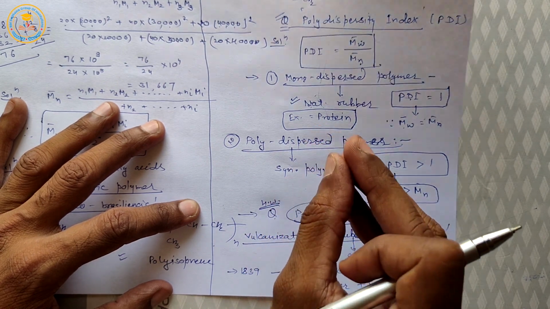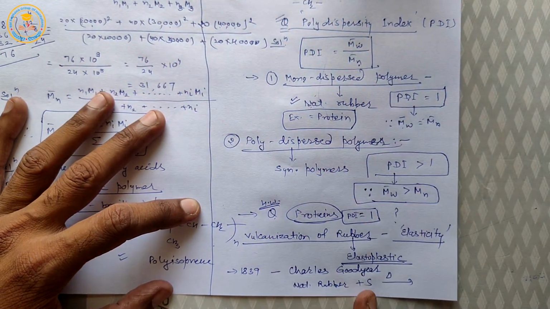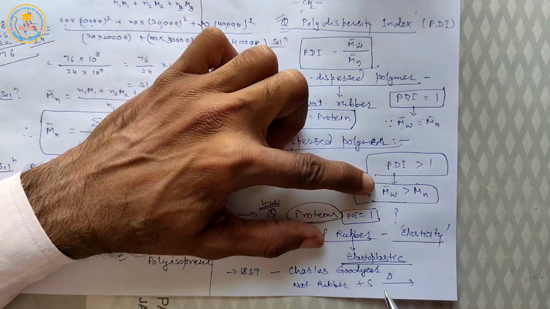This process of heating rubber with sulfur is known as vulcanization.